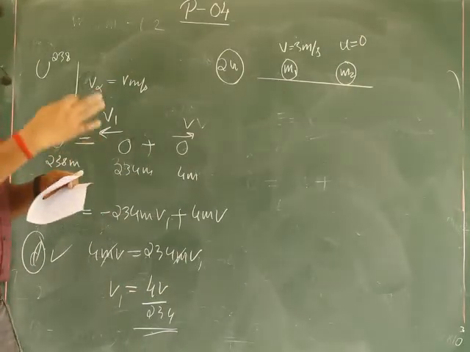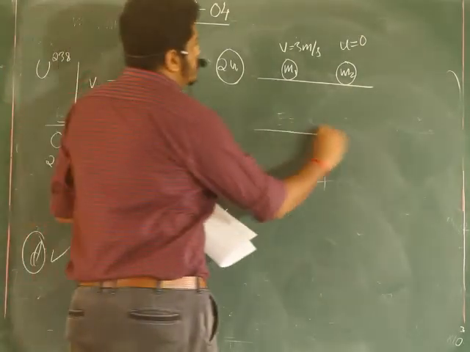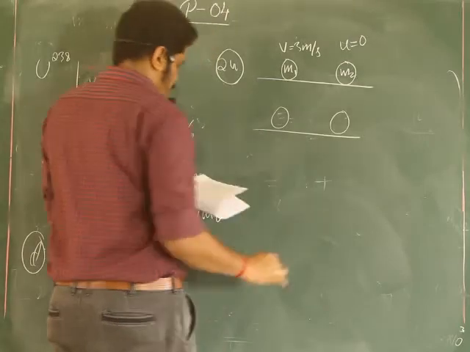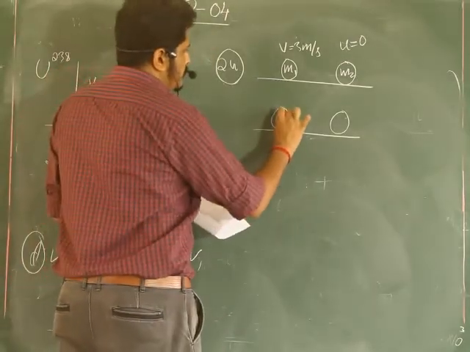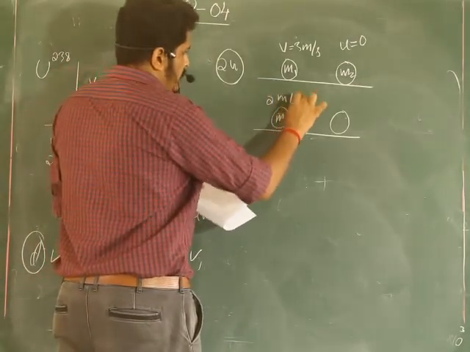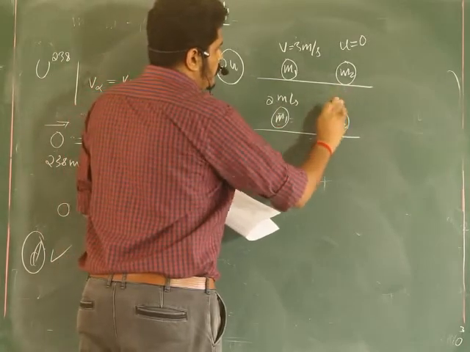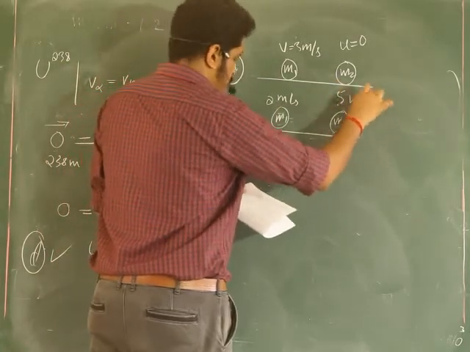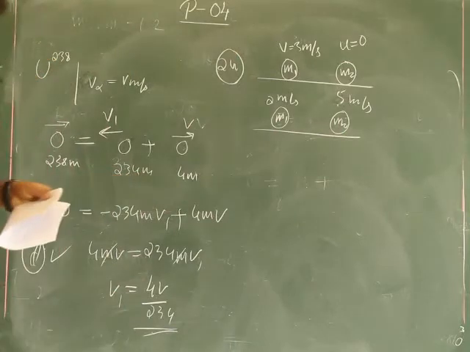After collision, the velocities of the two bodies are, that means after collision they both are moving, the first body having 2 meter per second and the second body 5 meter per second respectively, along the direction of motion.